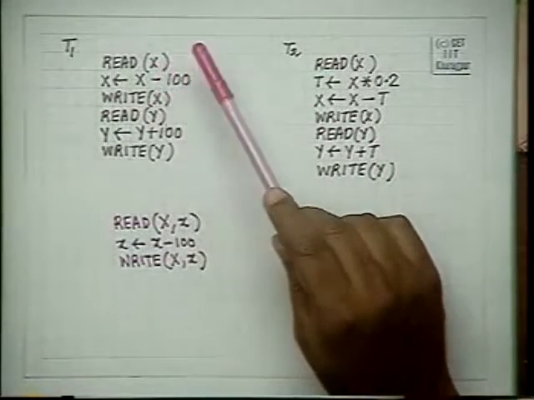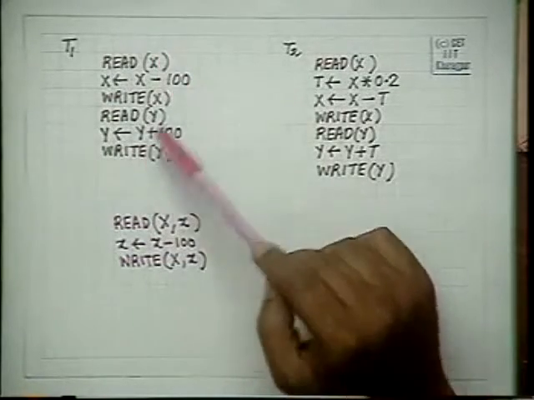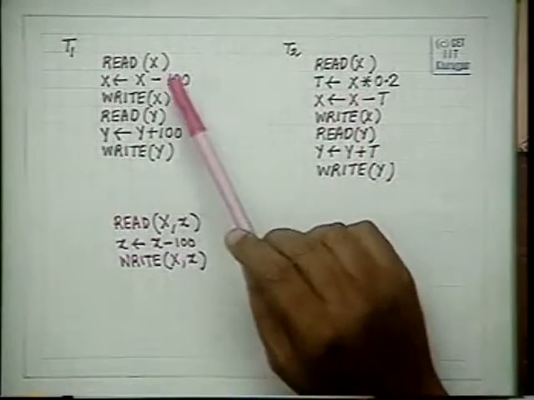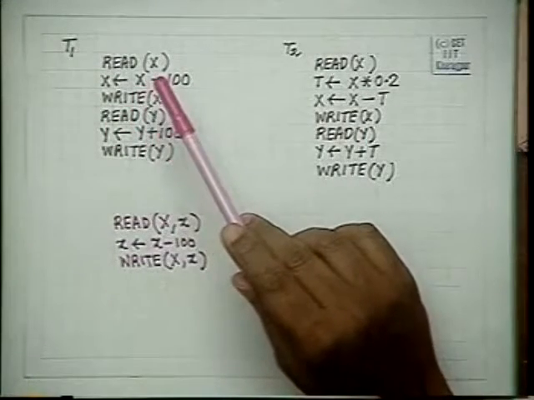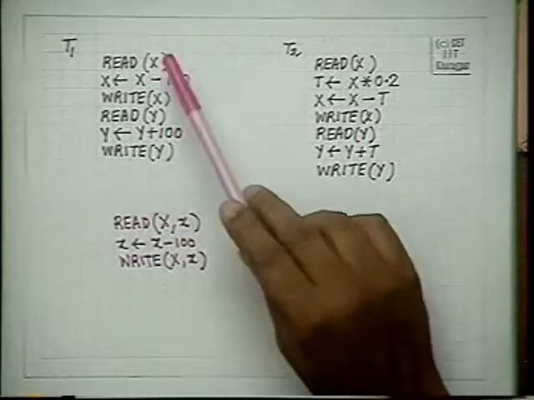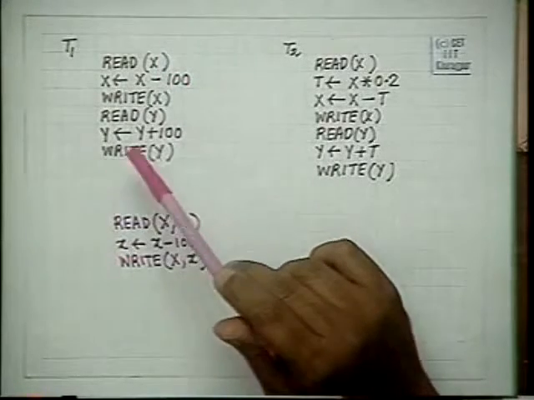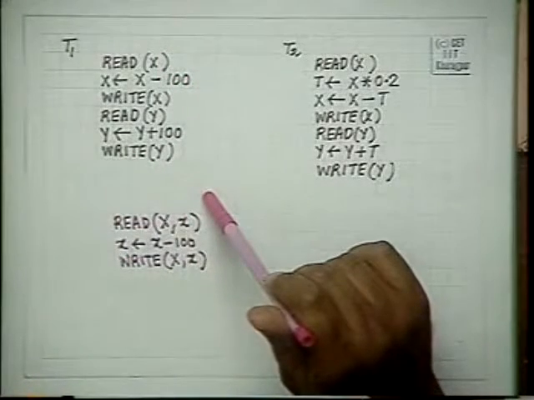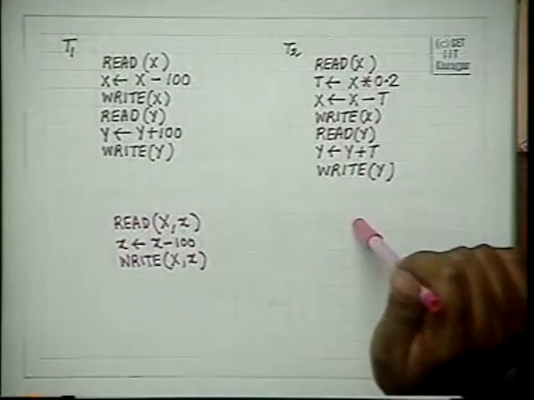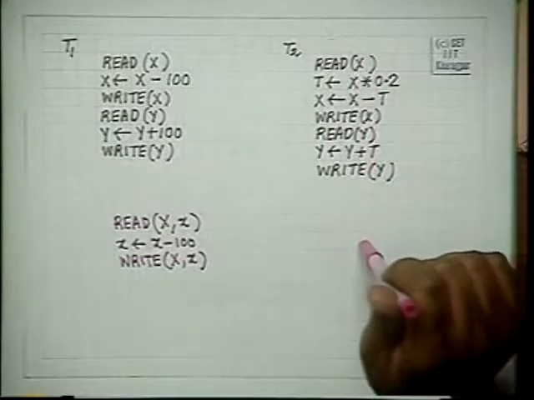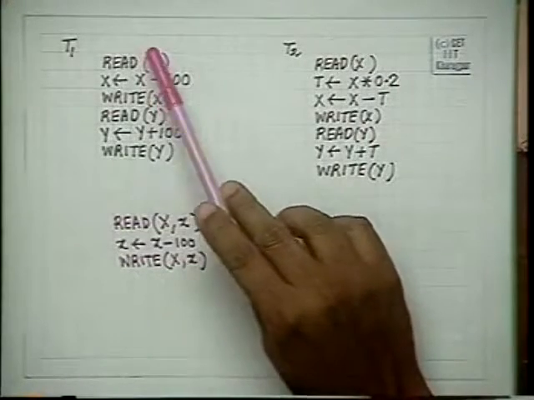Now it does not matter to us whether T1 runs before T2 or T2 runs before T1. Both of them are correct and consistent. It just means that after T1 the value of x plus y must be the same as before it executed, and after T2 the value of x plus y must also be the same as before it executed.